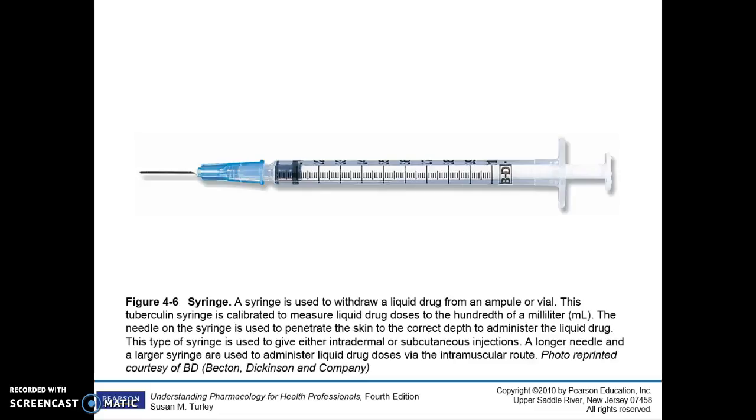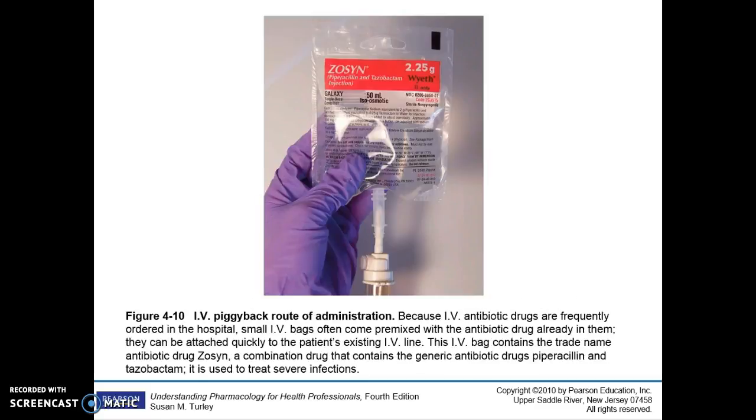A couple other things I wanted to point out this week. Here's a picture of an IV piggyback. These antibiotics are going to usually come along with a regular IV line. You've got a line going, you're already getting dextrose, normal saline, whatever, and then this is going to be attached to that line.